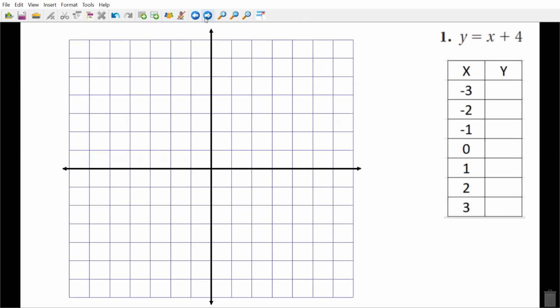Yes, you remember? Okay, I am going to give you 2 minutes to complete the table you have on the screen with those values between -3 and 3 according to the equation y is equal to x plus 4.